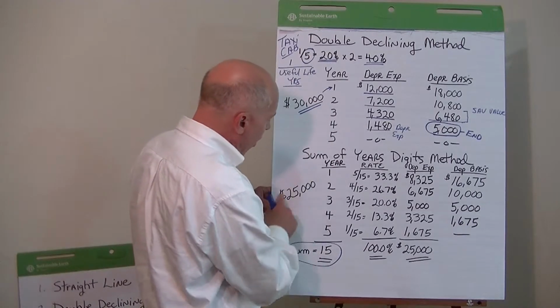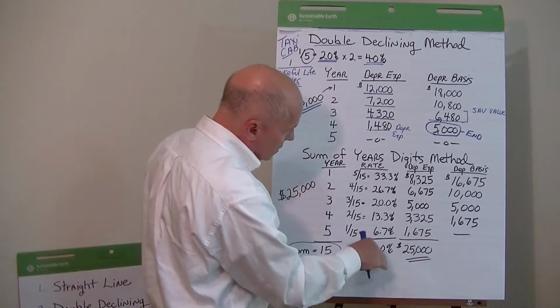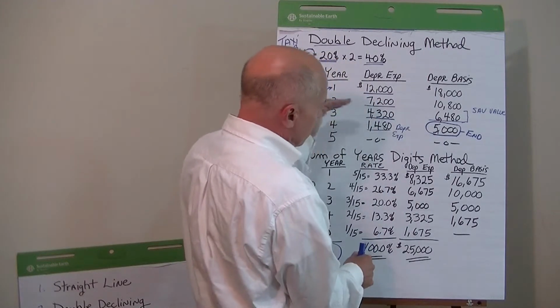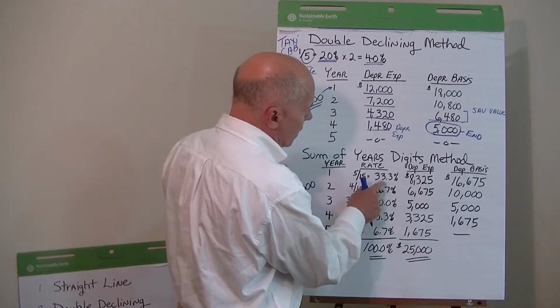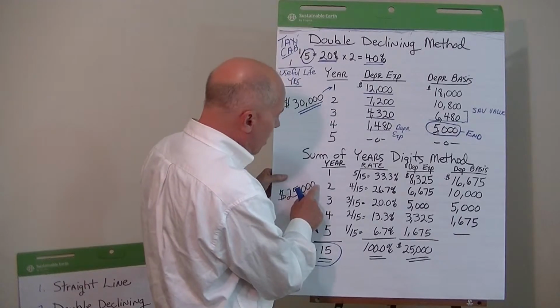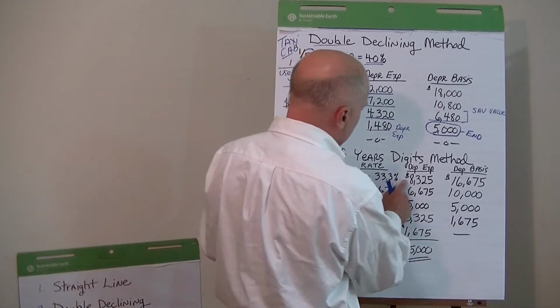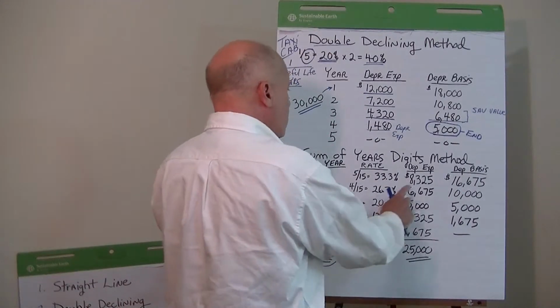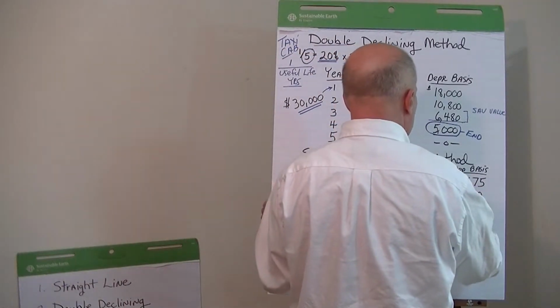So we just want to write off this $25,000 in not a really accelerated method, but somewhat accelerated. $25,000 times 33% is 8,325. 25,000 less 8,325 is 16,675.